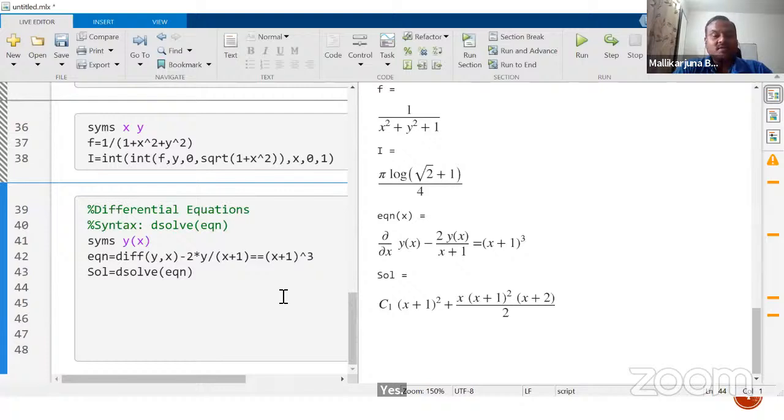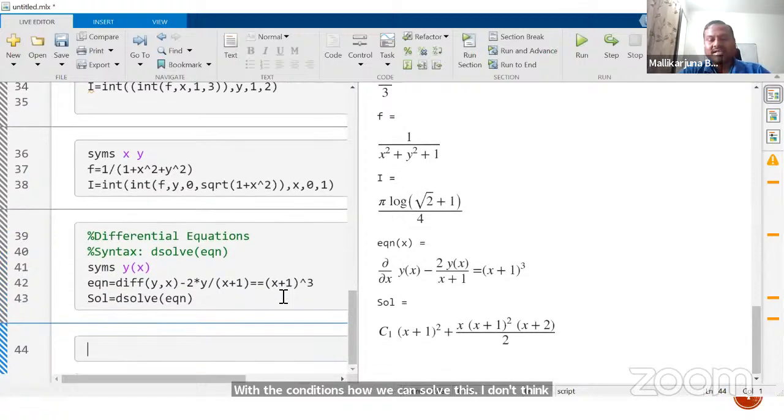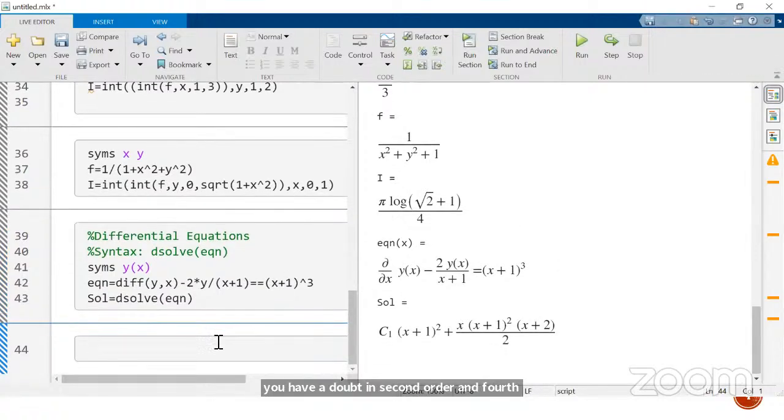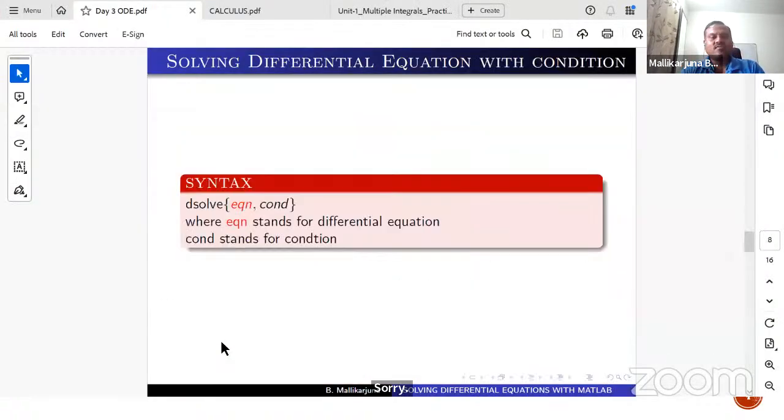So let me move with conditions. With the conditions, how can we solve this? I don't think you have a doubt in second order and fourth order. So now let us take one more with conditions.